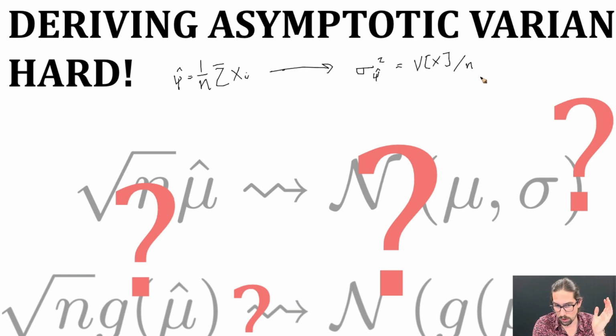So that's good and fine. And to go from here to there, we required some IID assumptions, okay?